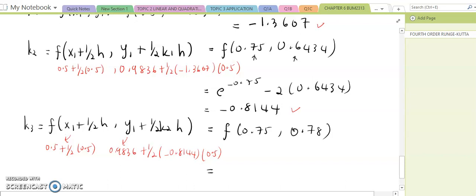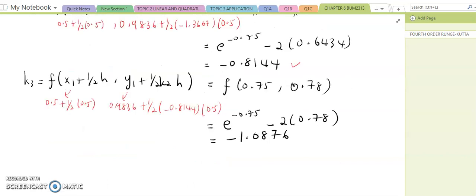Okay, and then exponent negative 0.75 minus 2 times 0.78. So the k3 value is negative 1.0876.